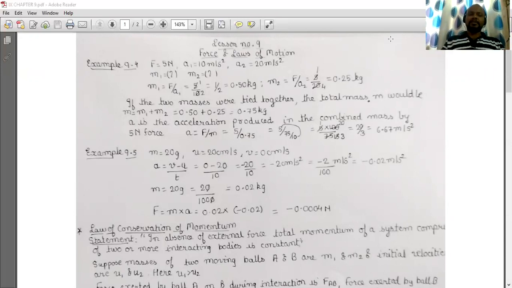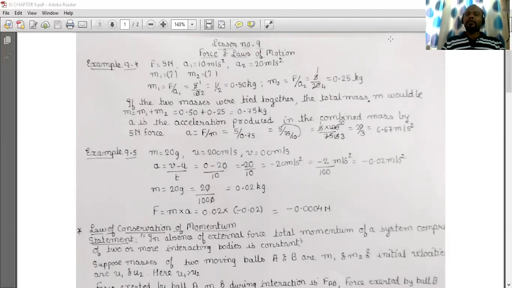Here you are given the force 5 Newton and acceleration 10 meter per second square, but the mass is missing, which you have to take as m1. And a mass m2, having the same force, has an acceleration of 20 meter per second square. So what acceleration would it give if both the masses are tied together?